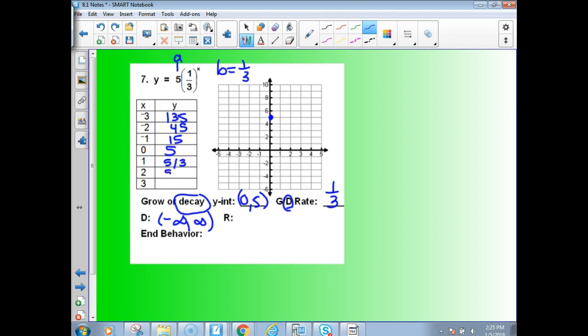Putting in 2, you'd get 5/9. Putting in 3, 5/27. And of course, those are little decimals. If you want the decimals, it's 0.19 for the last one, 0.56 for the second to last one, and 1.67 for the third to last one.